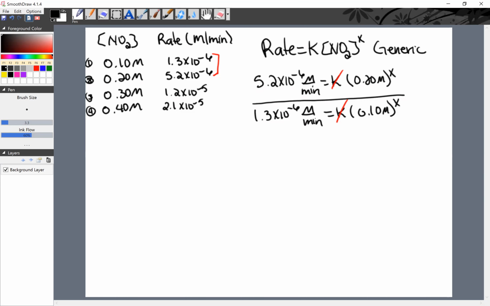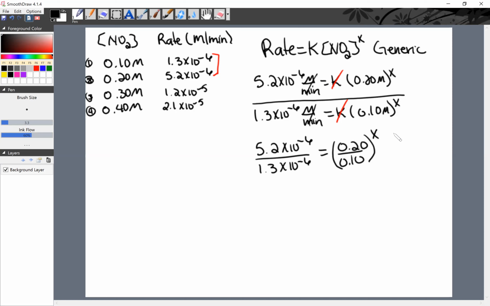The molarity per minutes cancel out, and we can rewrite it like this. The molarities also cancel out, and remember, you can take the exponent out and put it on the outside, so that's really 0.2 divided by 0.1.